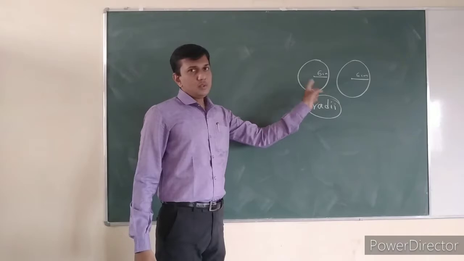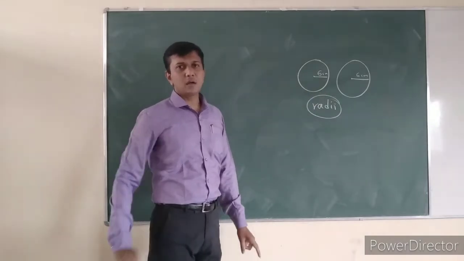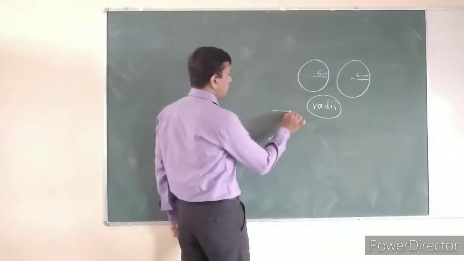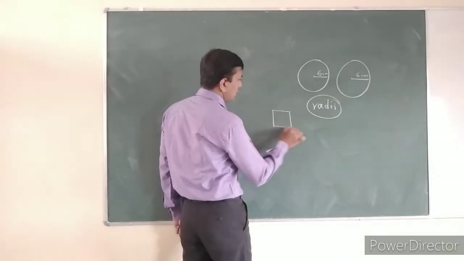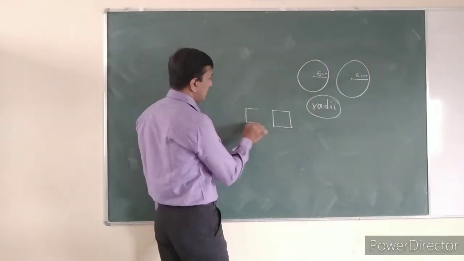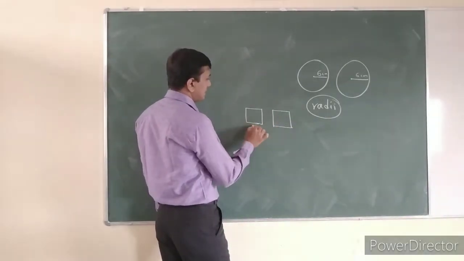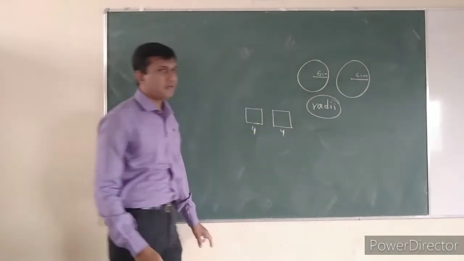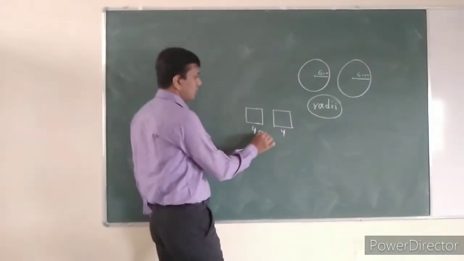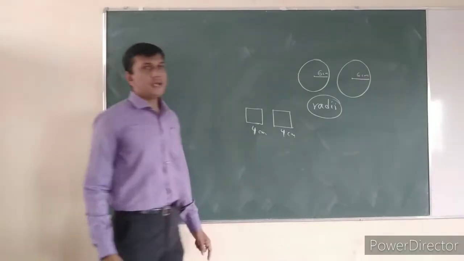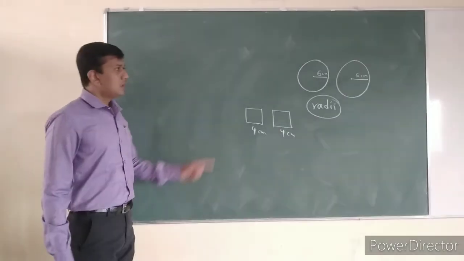So 2 circles with the same radii are always congruent. Two squares with the same side, for example 4 centimeters and 4 centimeters, are always congruent.